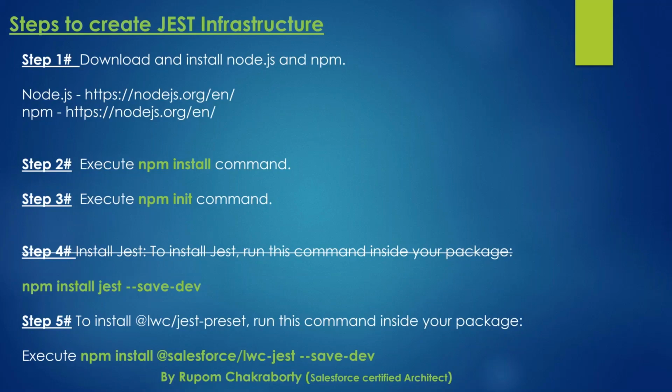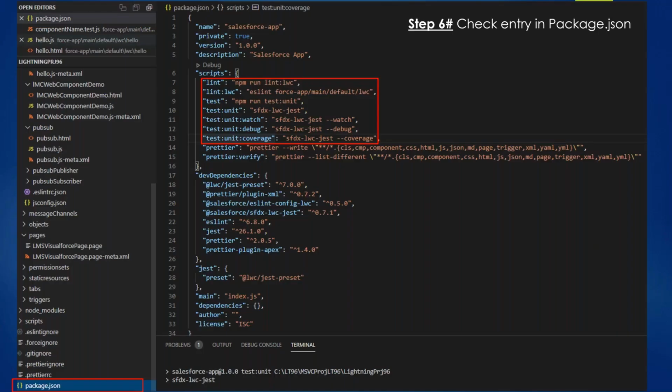Once you install npm, and repeat steps 1 to 5, this PPT will be shared with you, by the way. Next, check that in package.json, you should be able to see these entries.